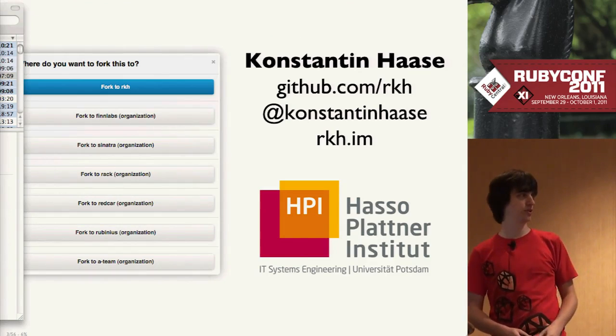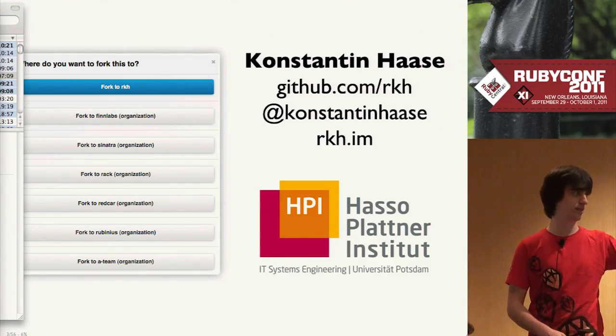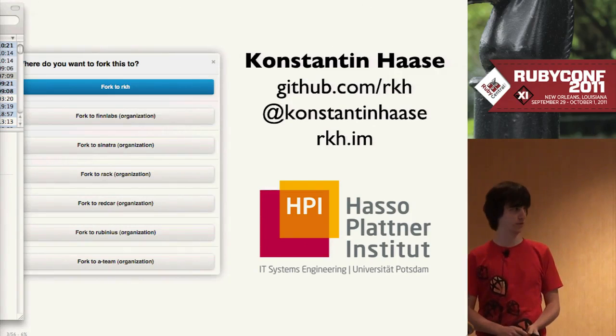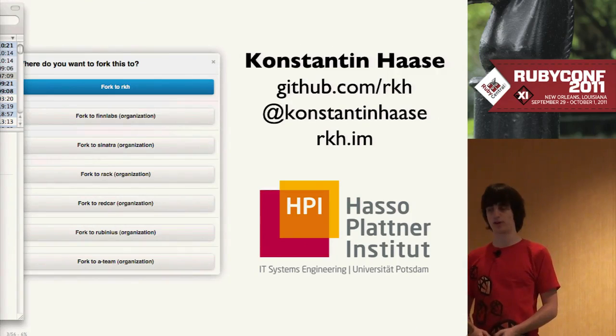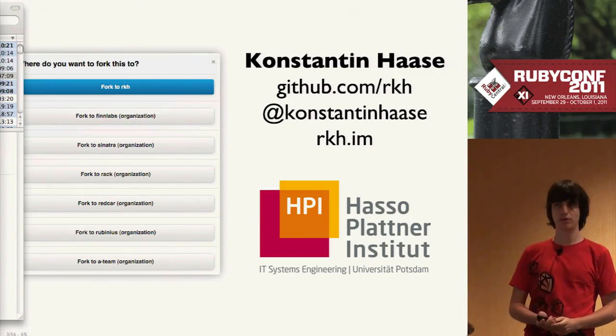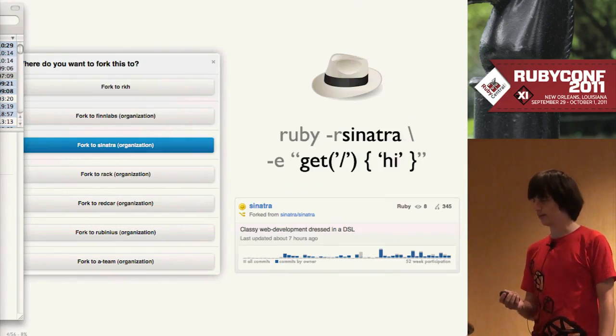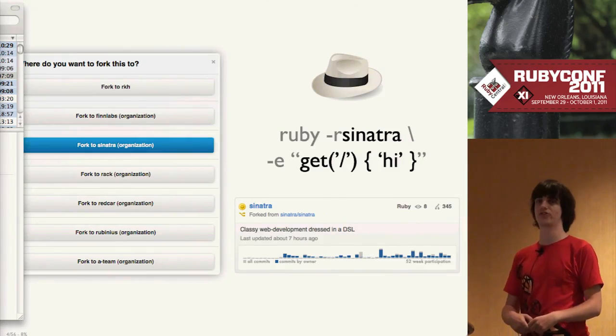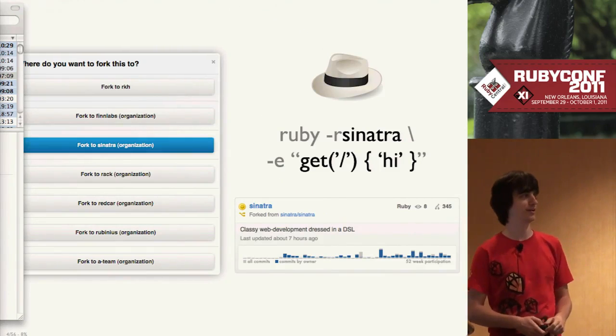I'm currently a student. I just graduated at the Hasso Plattner Institute, in Germany near Berlin, and I'm going back there to continue with my master's program this year. I'm currently the maintainer of Sinatra. I don't know if you guys have heard of it, but it's quite handy.